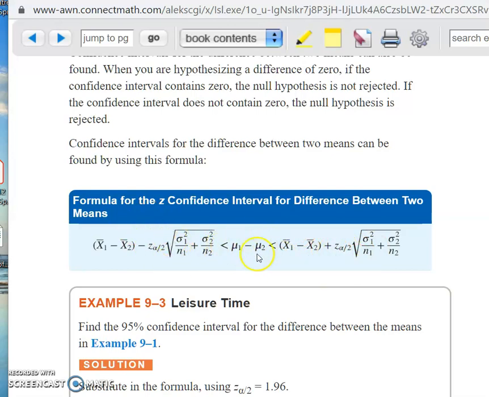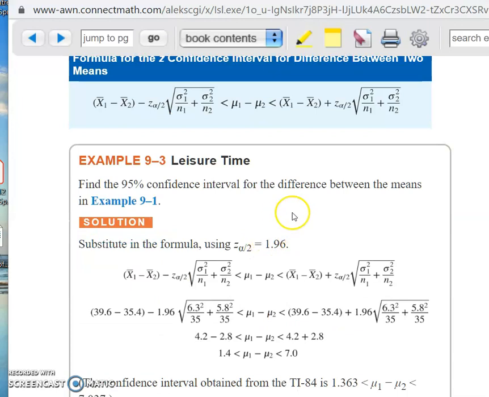If 0 isn't somewhere in there in the middle, then the null hypothesis should be rejected, because, let's say alpha is 10%, there's not a 90% confidence level that mu1 take away mu2 is equal to 0. Okay, so we're using this confidence interval to do our hypothesis testing. So here's an example right here.